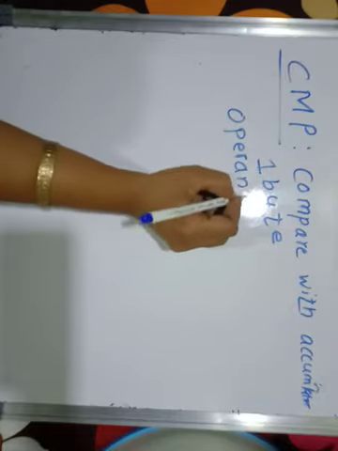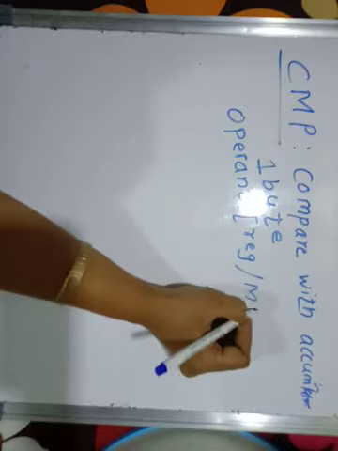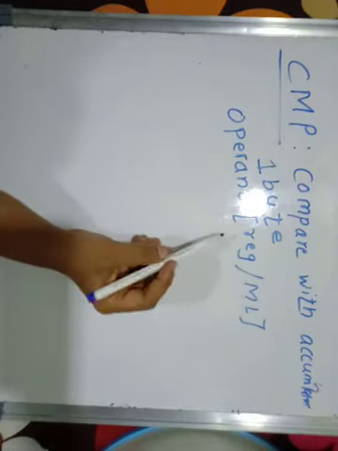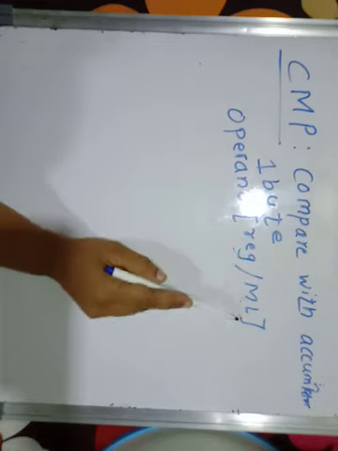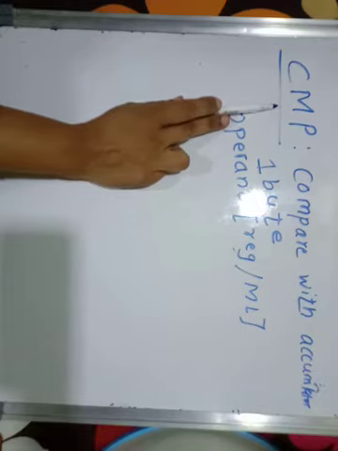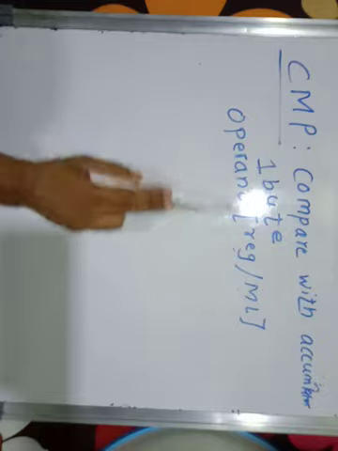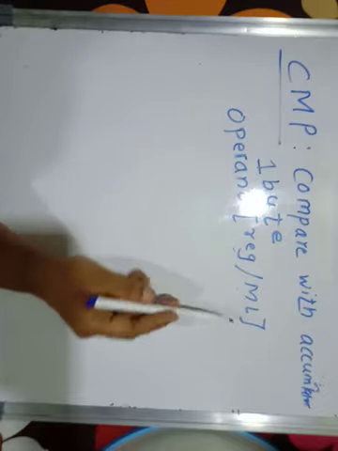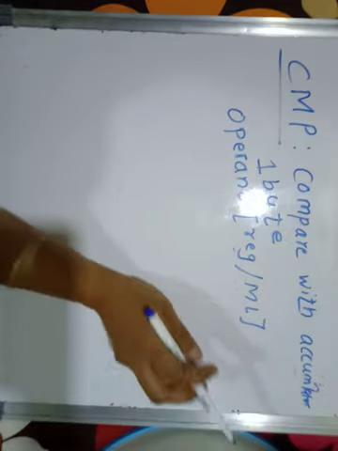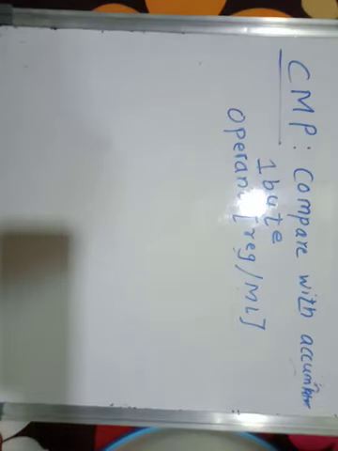Operand means your content of register or your content of memory location. Either the content will be stored in a register or it will be stored in a memory location. So this instruction compares the content of operand, means your register or memory location, with the content of accumulator. Okay. So there are 3 conditions here to see the comparison.